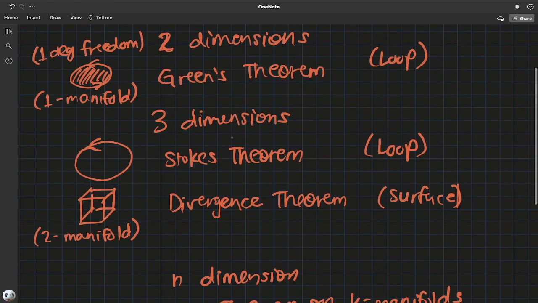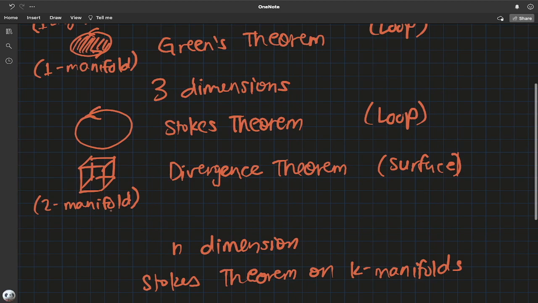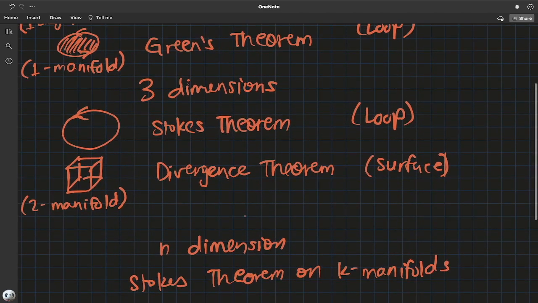In 3 dimensions, we can have a 1 manifold, that's a loop, right? We can have a 2 manifold, fine, that's a surface, but we can't have a 3 manifold. And if you think about it in that way, remember what the divergence theorem was: the closed surface integral over some surface was equal to the volume integral of the divergence of that vector field.